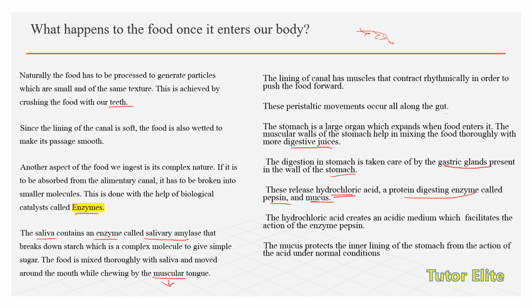Because when the food enters the stomach, whatever bacteria, microscopic organisms, are there will be killed in the stomach itself, which is not useful. Next, mucus is basically for the protection of the stomach's inner layer. The hydrochloric acid creates an acidic medium which facilitates the action of the enzyme pepsin. The mucus protects the inner lining of the stomach from the action of the acid under normal conditions.